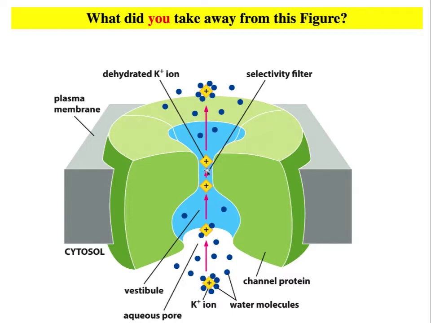So the ion is only able to pass through once the water molecules are ripped off of its surface at this point here. And that's achieved again by these residues of the amino acids that form the lining of the selectivity filter. Once the ion has passed through to the other side, the water molecules are picked up afresh from that environment to rehydrate the molecule. If sodium tried to get through this gap, it would have the wrong dimensions and the wrong form of hydration to negotiate through these three different regions.